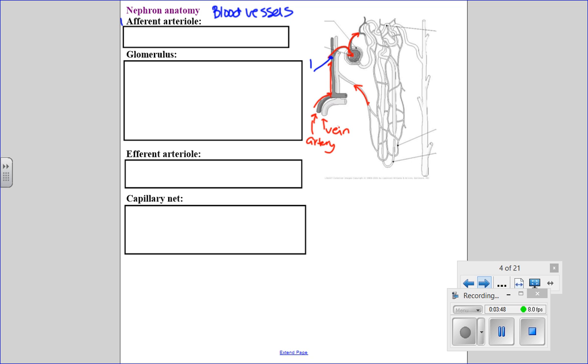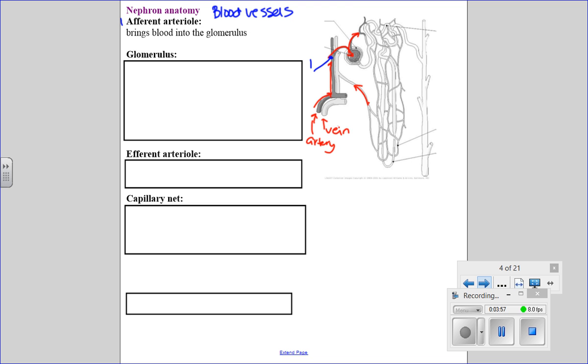An arteriole is a branch off of an artery. And what's the function of your afferent arteriole? Well, it brings blood into something called the glomerulus, which I will define second.